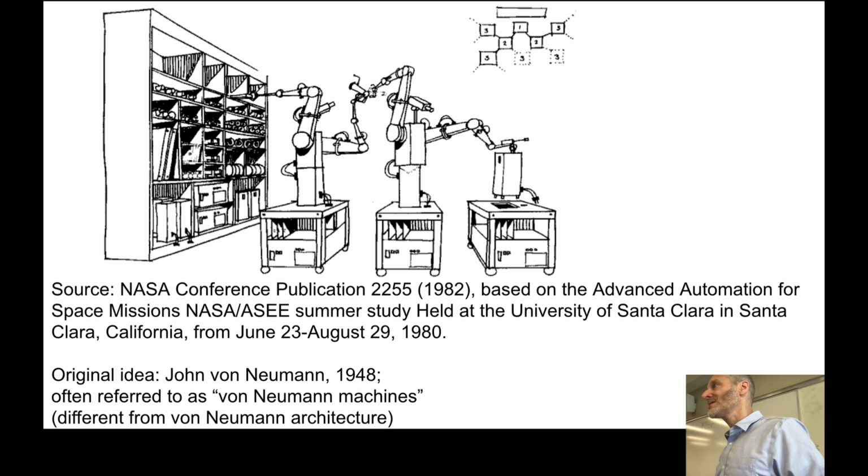For all the computer scientists here, hopefully that name is very familiar. All of the computers that we have today are based on a von Neumann architecture. Von Neumann machines is sort of the nickname for any class of machine or robot that is able to make copies of itself, like you see in the cartoon here.